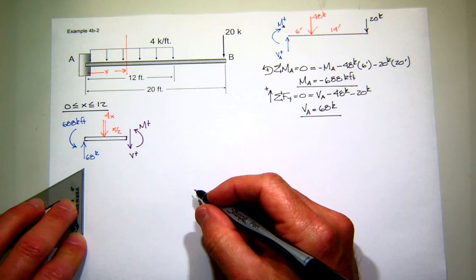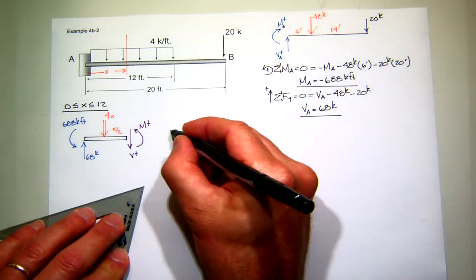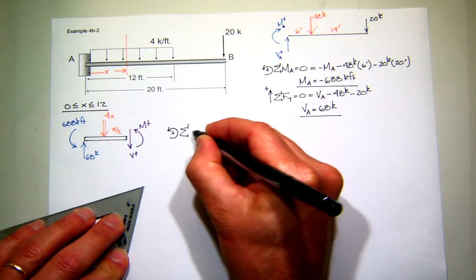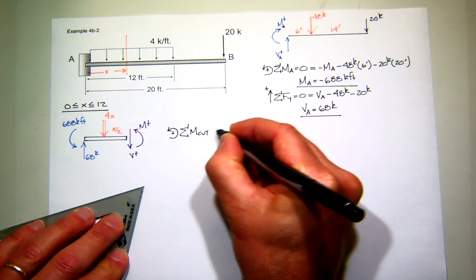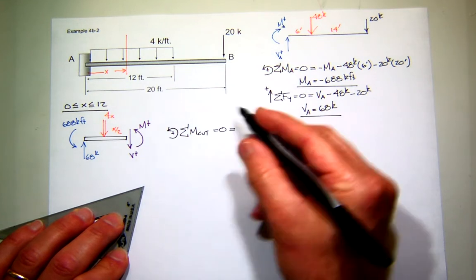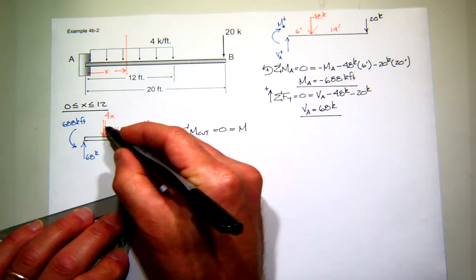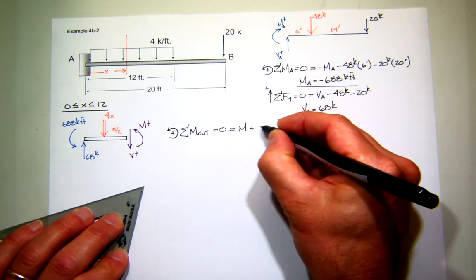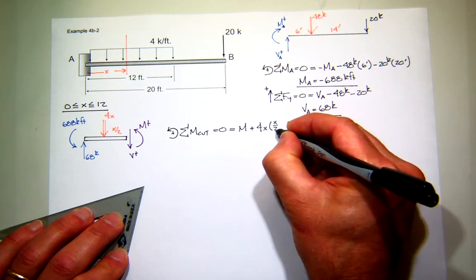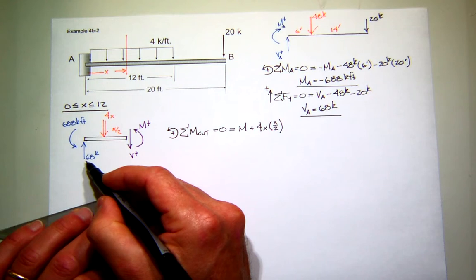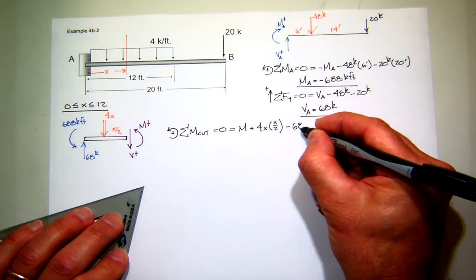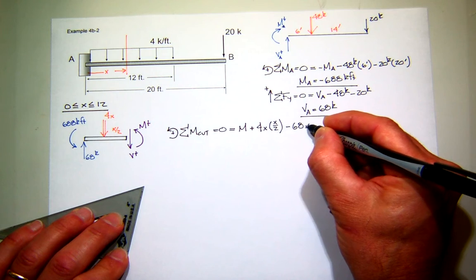Everybody see that? So now it's just back to our statics. So we'll sum moments about the cut. So starting here on the left, I've got a positive moment. The 4x creates positive moment about the cut. That's the force. And its moment arm is x over 2. Then you hit 68, which creates negative moment. And what's its moment arm? x.